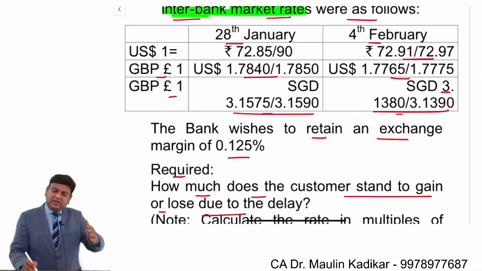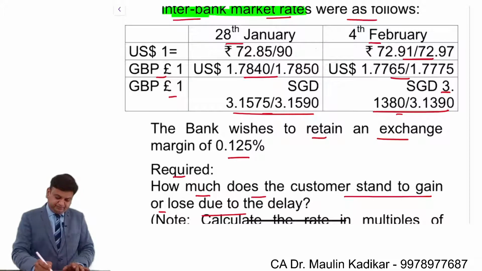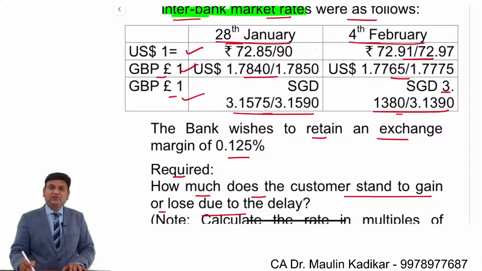It means that you are required to sell more rupees to buy the Singapore dollar. Exchange rate is provided to us as rupees per dollar, dollar per pound, Singapore dollar per pound. The rates are provided for 20th of January as well as for 4th of February.